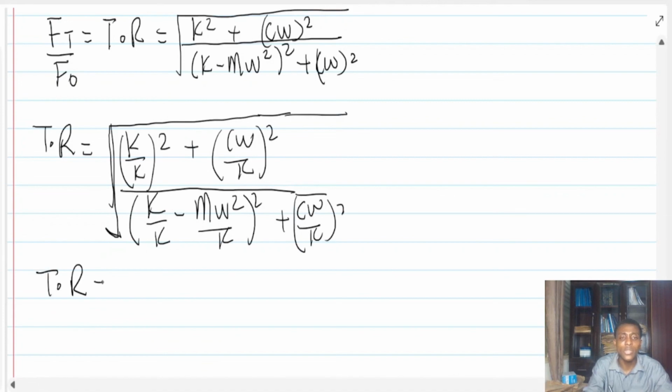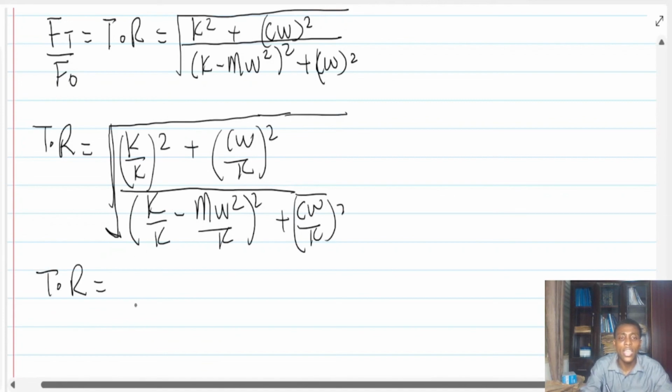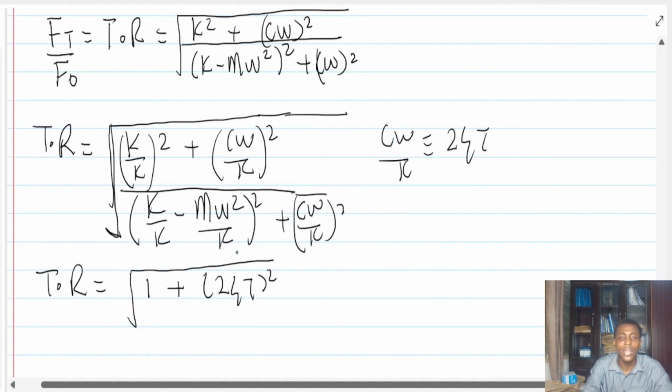Then my transmissibility ratio will be: k over k is 1, so it's 1 plus, and c omega over k has already been shown to be 2 zeta tau, so (2 zeta tau) squared.